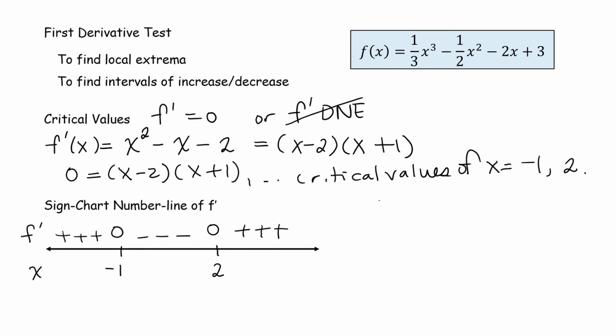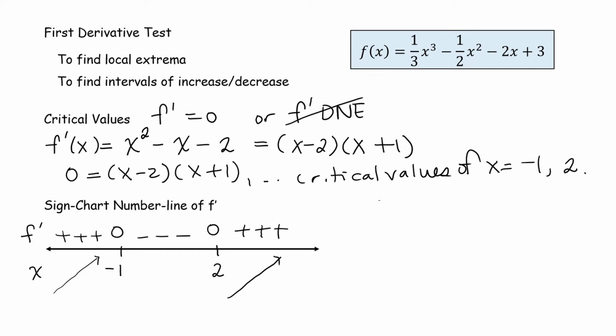Now, looking at the sign chart of the first derivative to determine the behavior of the function, we see that the derivative is positive from -infinity to -1. That tells us that the graph is going to be rising. It's also rising again from 2 to positive infinity.